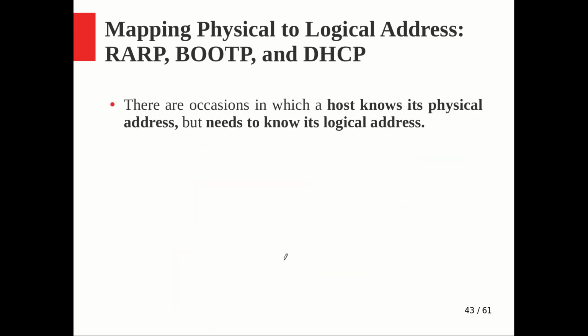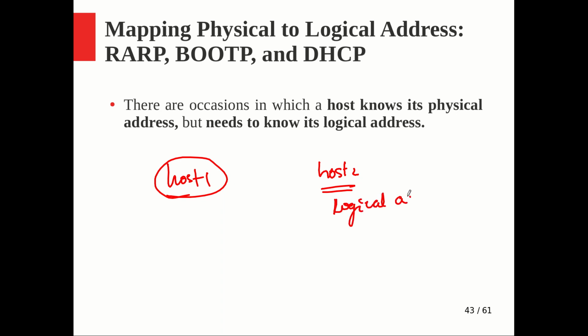There are occasions in which a host knows its physical address. But you have to understand one thing. When two hosts are communicating with each other, say host 1 is trying to communicate with host 2. Host 1 knows host 2's IP address, or the logical address.